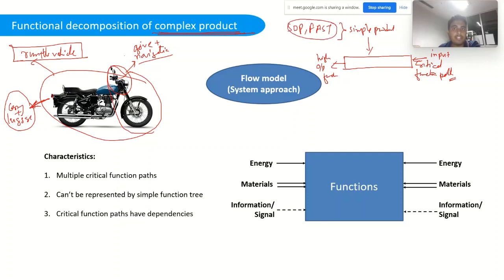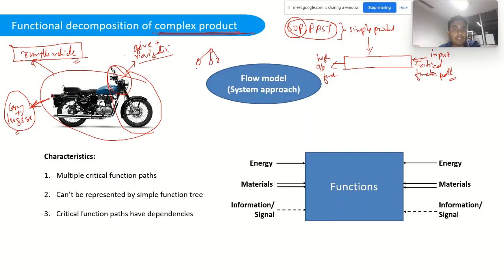First of all, the SOP method cannot be used, because even if we remove something from a particular high level function, for example from the navigation system, it will not impact the vehicle running condition. Even if we remove something from carry luggage, it will again not hamper the vehicle running condition. As I told you before, in SOP we try to see the relationship.